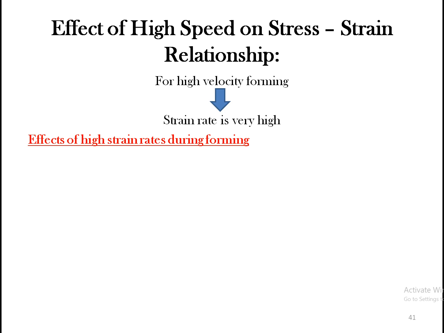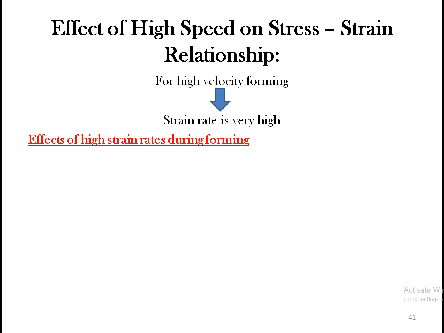This is a very interesting topic as well as a high research topic, and going in depth is beyond the scope of your paper. If you search this in Google, you can find a number of papers on high strain rate and its effect on the material behavior.